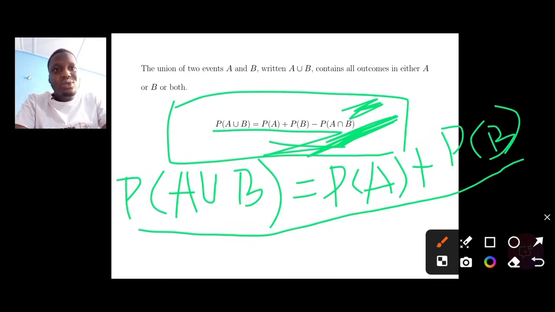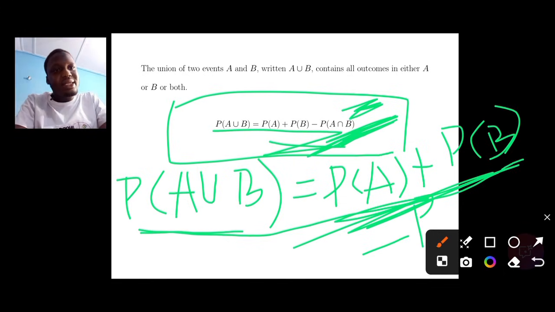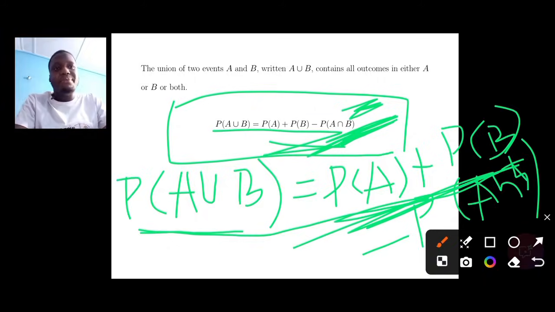But in cases where you have to use the whole thing and you use this short version, then that becomes a problem. I'm giving you the advice again. Whenever you see P(A ∪ B), treat it as P(A) plus P(B) minus their intersection. Good. So that is how to define them.